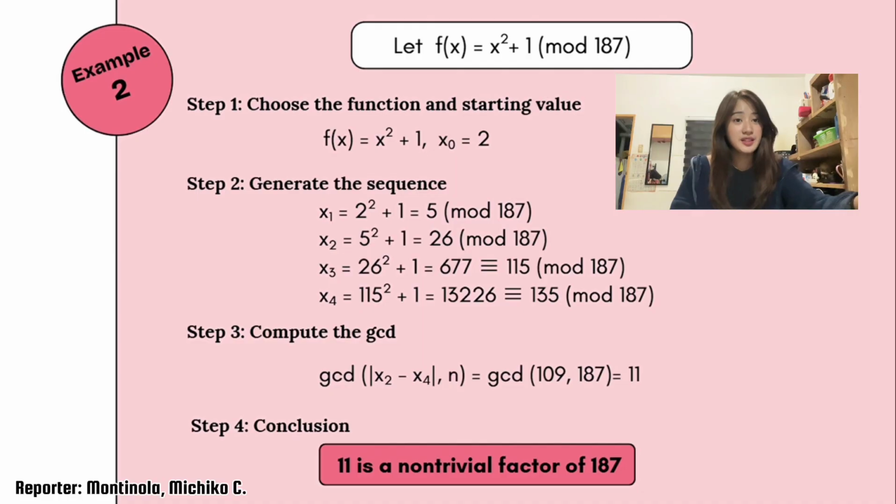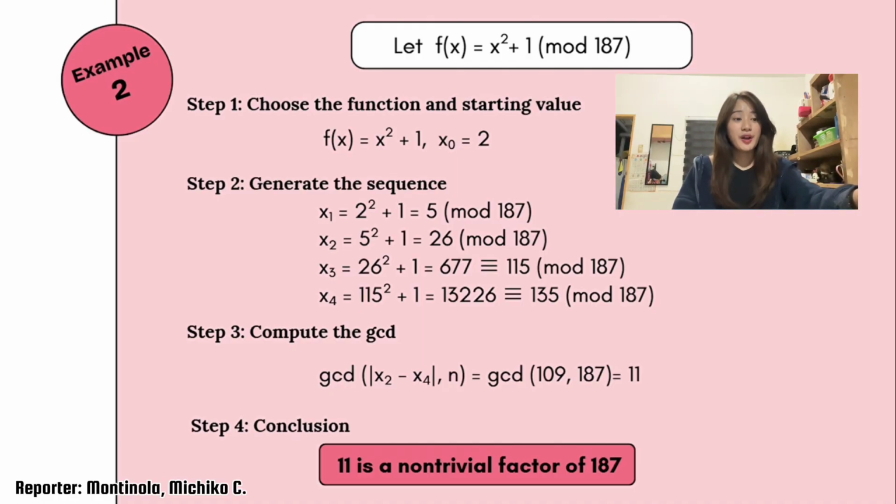And x sub 3 is equal to 26 squared plus 1 is equal to 677, and that will be congruent to 115 modulo 187. And for our last sequence, x sub 4 is equal to 115 squared plus 1 equals 13,226, which is congruent to 135 modulo 187.